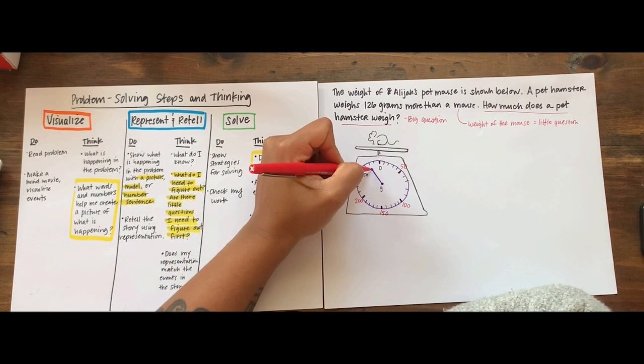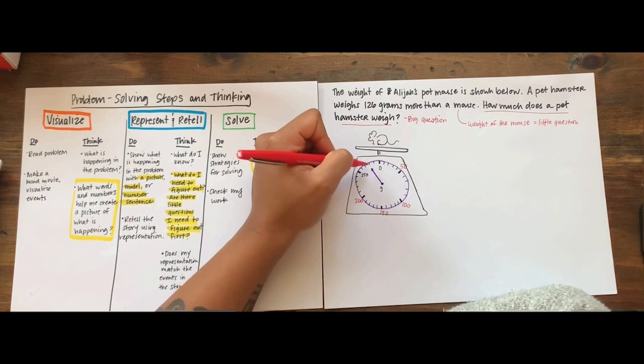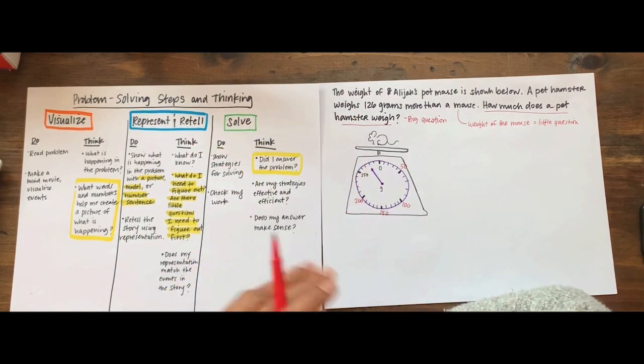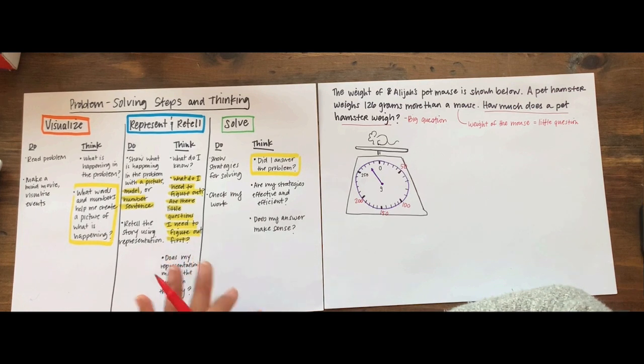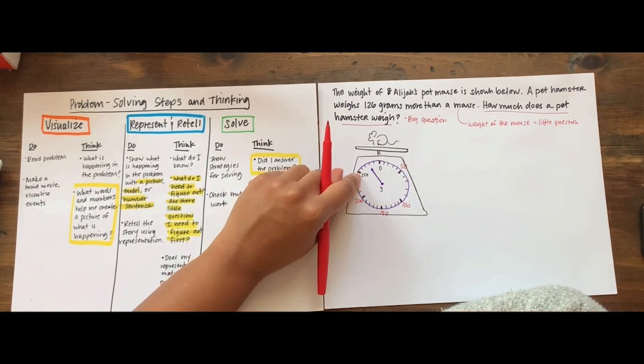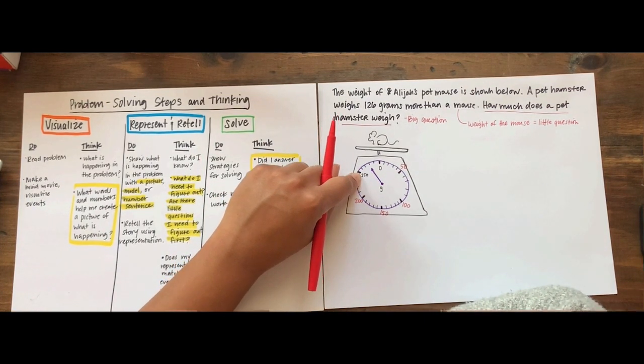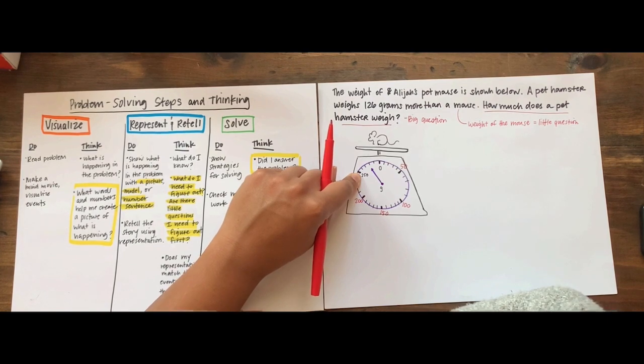Let's use this information to help us find the weight of the mouse. If the mouse weighs this much, how can we use our skip counting by tens to help us? Say your answer out loud. That's right. We know that this large interval is 250 and each smaller interval counts by 10.